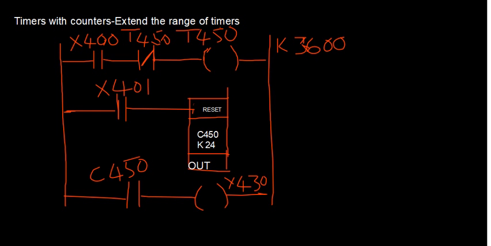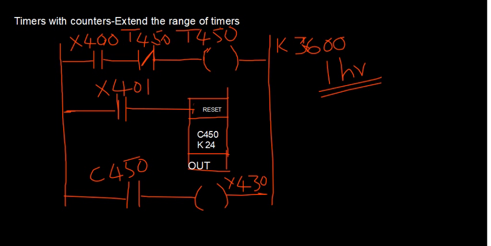Now let me say that I have K equal to 3600 for the timer T450. T450 is my timer, and I will have a maximum of 3600 seconds which I can get from this timer. So 3600 seconds means 1 hour. The total delay here I am going to get is 1 hour.